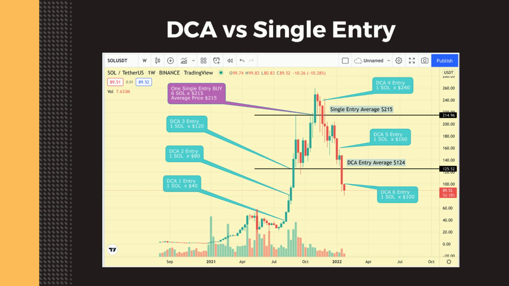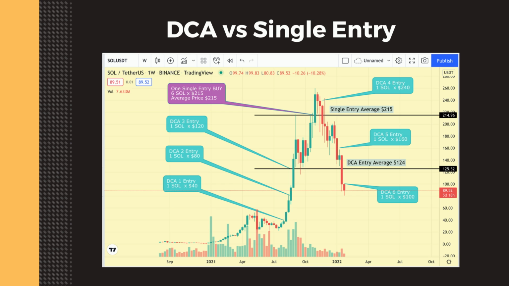Investor 2, just by using dollar cost average strategy, managed to keep his average buy price quite at low levels, with average price 124, which is almost $100 lower than investor 1.